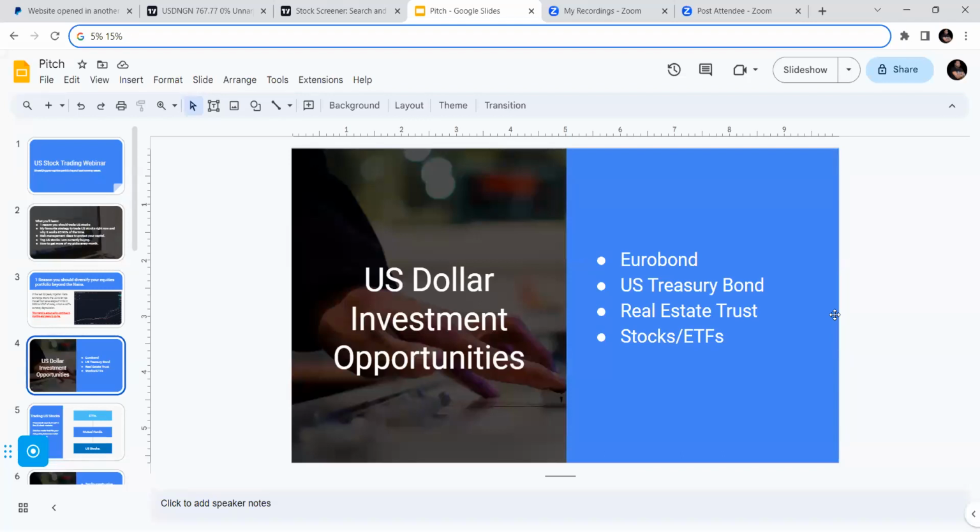If you choose to go the stock way, you can do all. You can also build a balanced portfolio in the US market. So when people say the US stock market is risky, you need to understand the approach. If you want to build a balanced portfolio, you could say, okay, let me try Eurobonds. Depending on my age, when you talk about risk profile and risk tolerance, you can't exempt age.